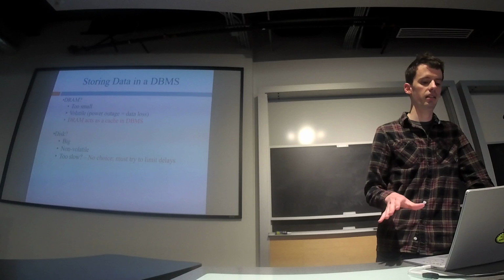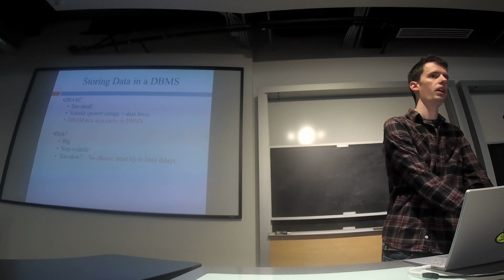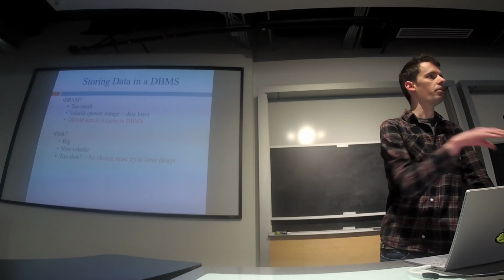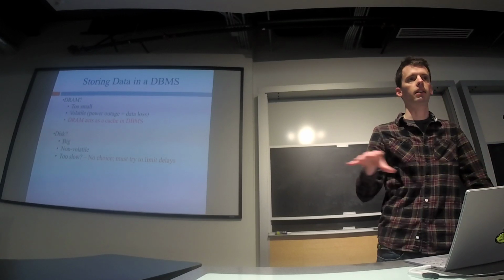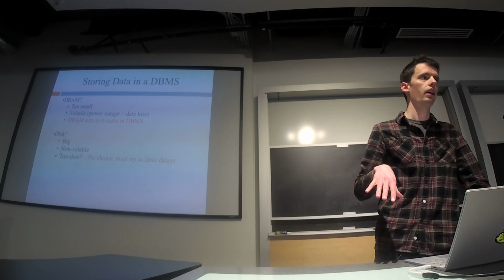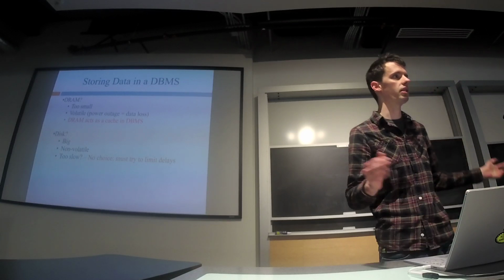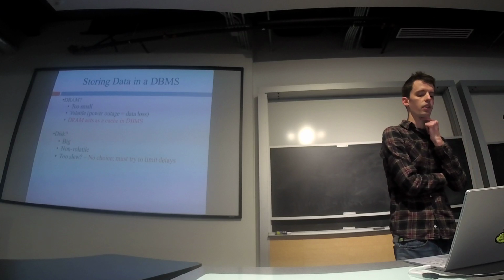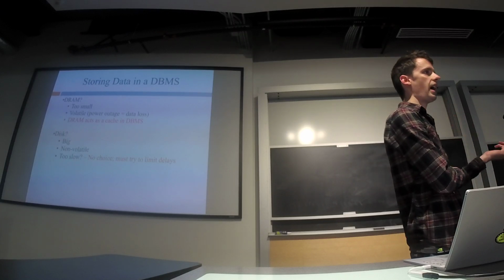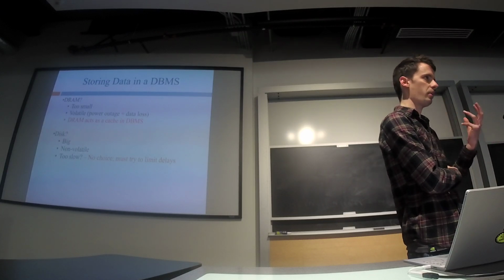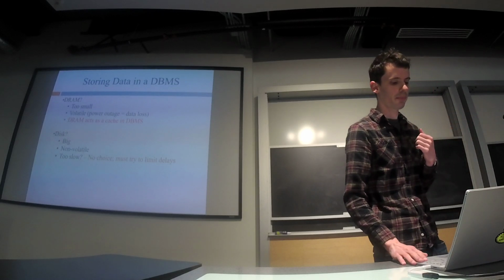And this even includes during runtime. It's not like you load some file from disk and then the whole thing exists in memory while the program is running. While your program is running, you're constantly going to disk just because the space of the data is so huge. So now you use RAM like a cache and try to keep as much in RAM as possible and avoid going to disk.